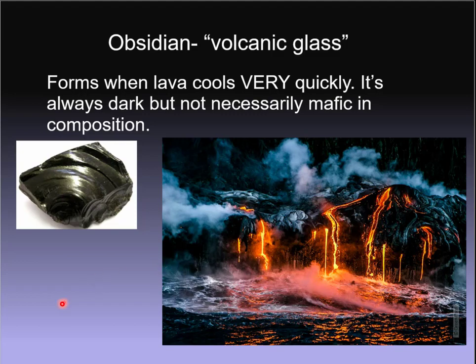It's not just going to cool, it's going to be quenched. Obsidian is almost always black to dark in color. That does not mean it's mafic. It's obsidian. It's kind of got its own rules. And so obsidian, right? Glassy texture, cooled very, very quickly.